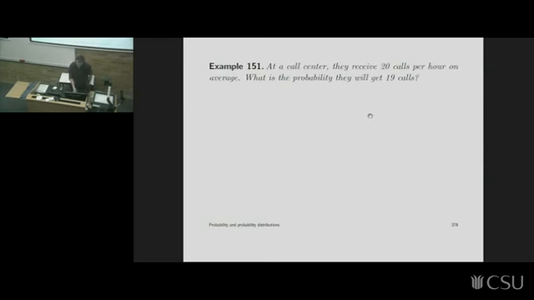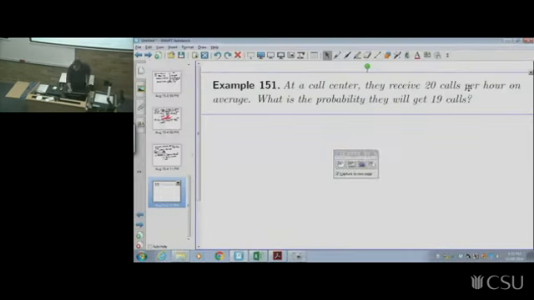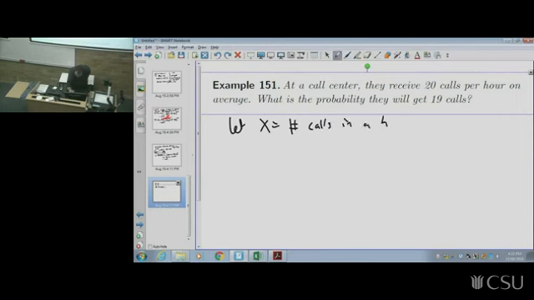Okay. So this is the example, and I picked 20 because it's a nice small number. We've got this call centre that receives 20 calls an hour. What's the probability they'll get 19 calls? So I'll let X be the number of calls in an hour. Then X is a random variable and it has a well-known distribution.